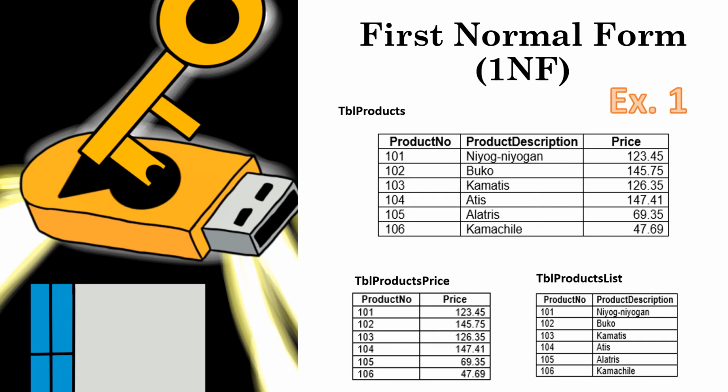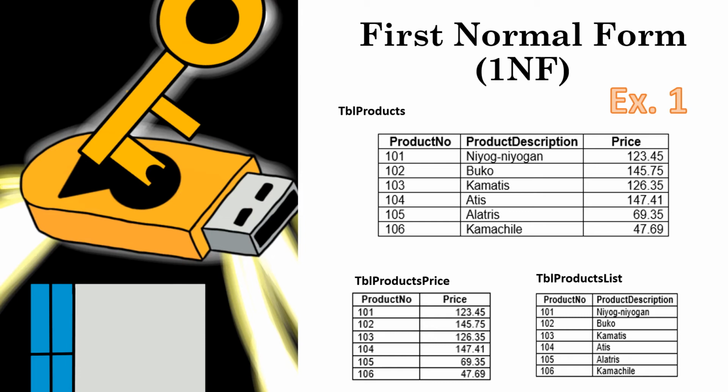In our example, this table is not in the first normal form because the product description column cannot contain multiple values. To bring this table to first normal form, we have to split the table into two tables, and now we have the resulting tables: the table product price and the table product list.